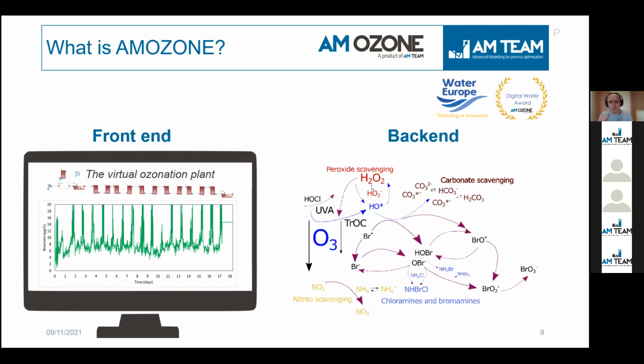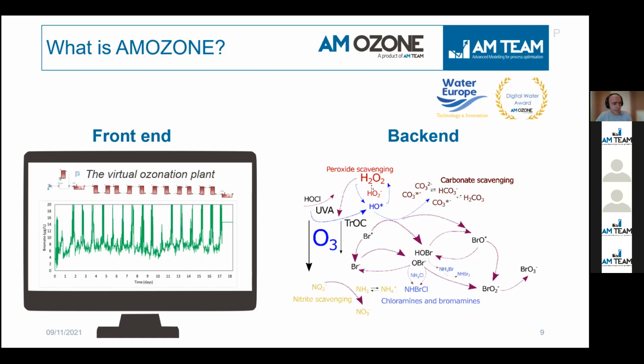How does it work? Well, in the background of this model, all the kinetic reactions from ozone and other, like hydrogen peroxide, are taken into account, and the reactions with organic material and inorganic material like nitrite and ammonia are all modeled in this tool and are all taking place at the back.